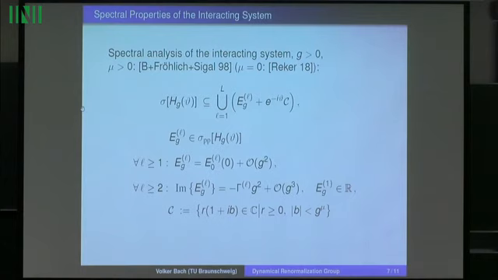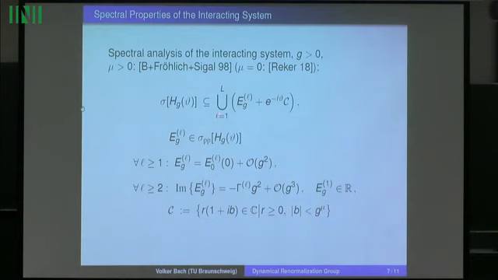So what we know about these models, not only in a drawing but in formulae, more precisely, is that the spectrum of this dilated Hamiltonian is contained in a union of cones.